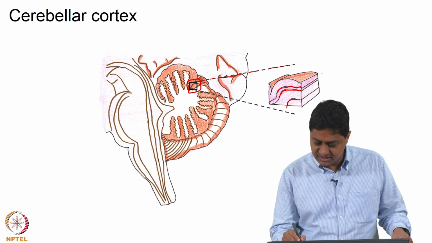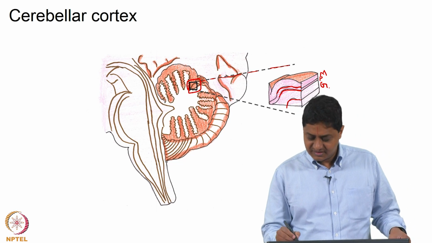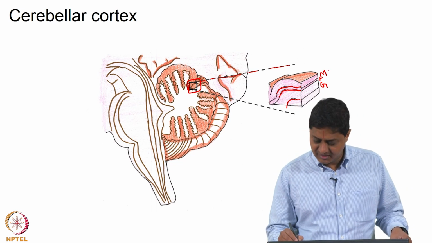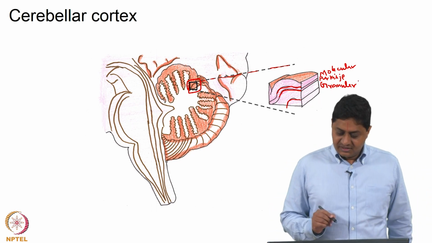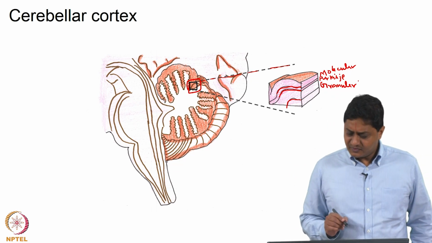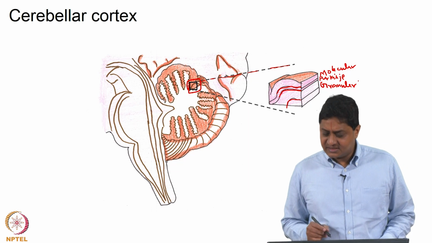These layers are called M, the thinner layer is called P, and the deepest layer is called G. What are these? It is not miles per gallon, but rather the molecular layer, Purkinje layer and the granular layer. So, these are the 3 layers of the cerebellum.